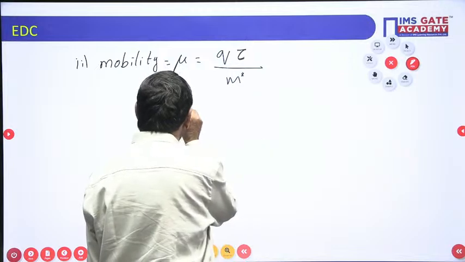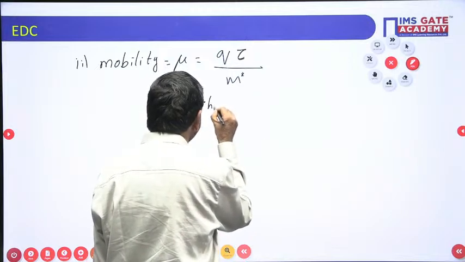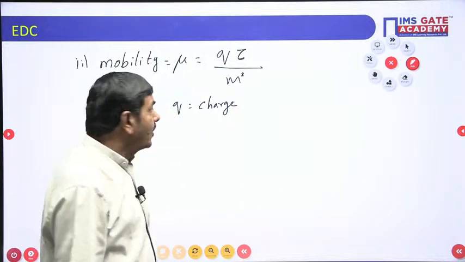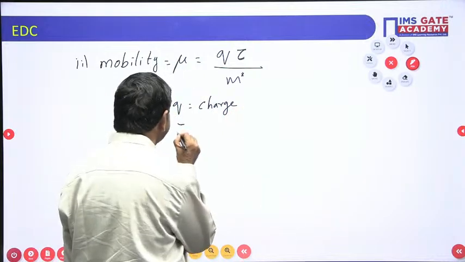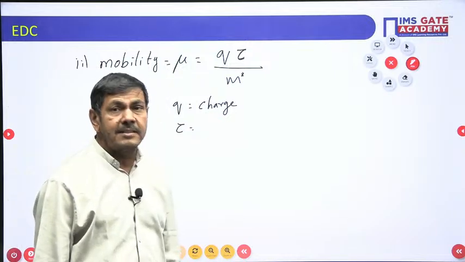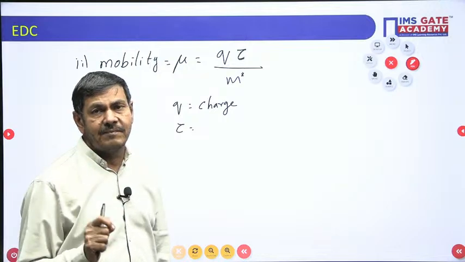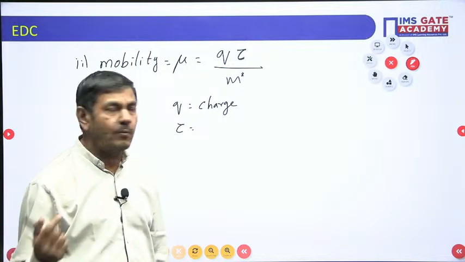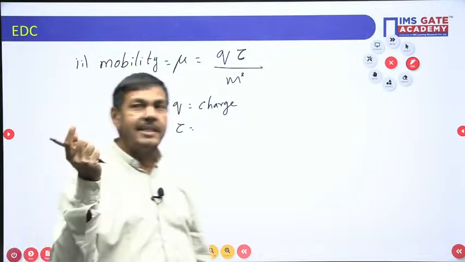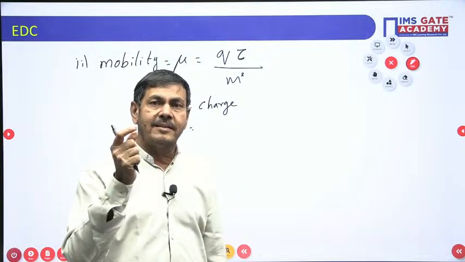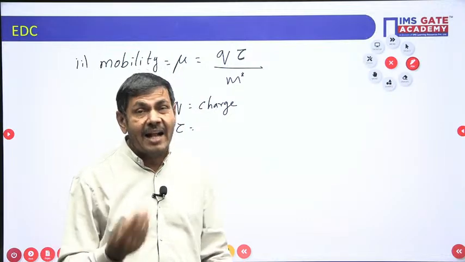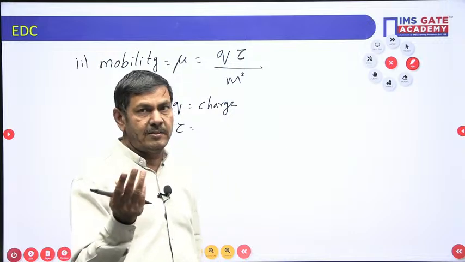Q means we know the charge of electron or hole. What about the tau, sir? This is the tau symbol we are using. Tau is nothing but, in the conducting materials, whether it is a conductor or semiconductor or whatever it may be, it doesn't matter now, electrons are going to move in the material. When they are moving in a straight direction, they will collide with any other electron only now.